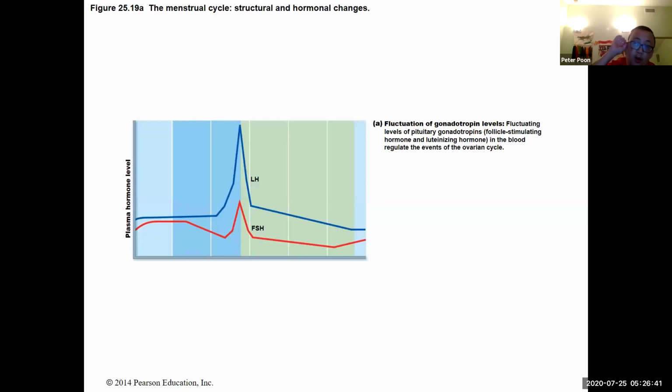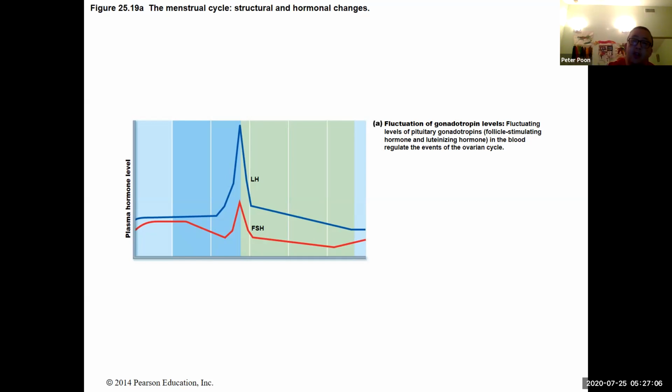The egg is only fertile for about 24 hours after it's released. You can have the sperm there before, so there's about a 72-hour window where fertilization can occur. But once the egg is released, there's about a 24-hour window where it can get fertilized.